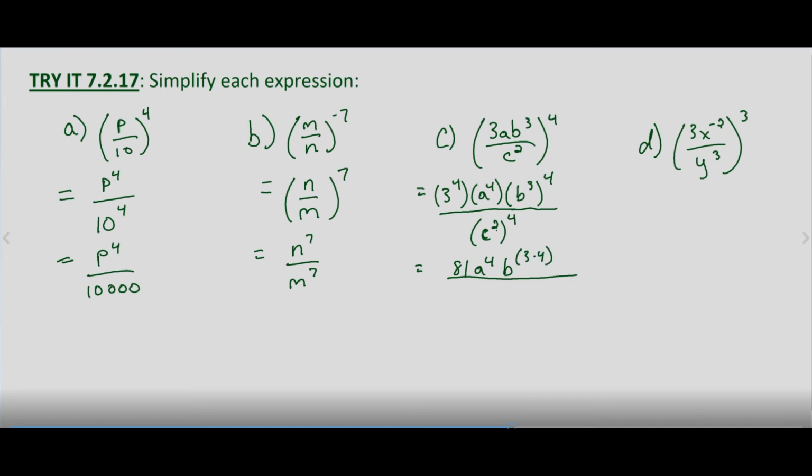And that's all over c to the 2 times 4. Again, a power to a power, so we multiply the exponents. And that equals 81 a to the fourth, b to the 12th, over c to the 8th.